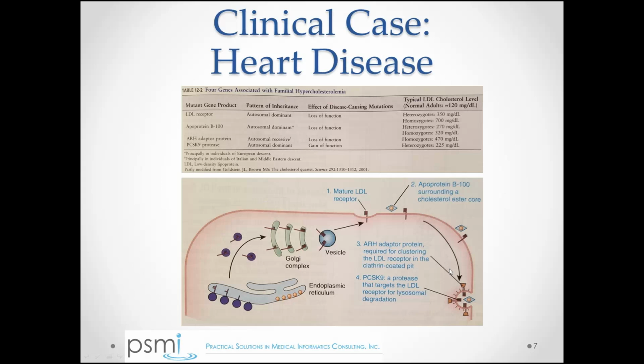So these four genes have been associated with familial hypercholesterolemia, and they all work by interfering with the process by which the LDL receptor binds to the LDL cholesterol and takes it up into the cell, up into a hepatocyte, for instance.